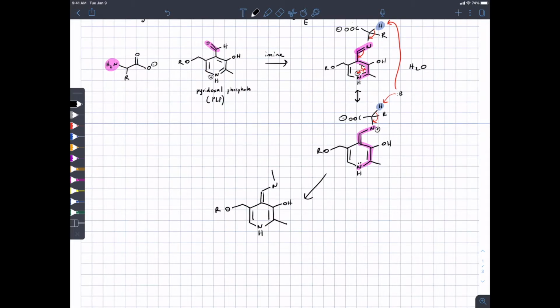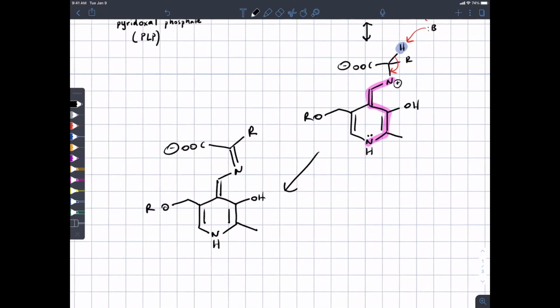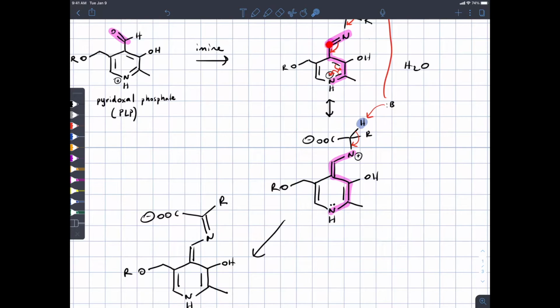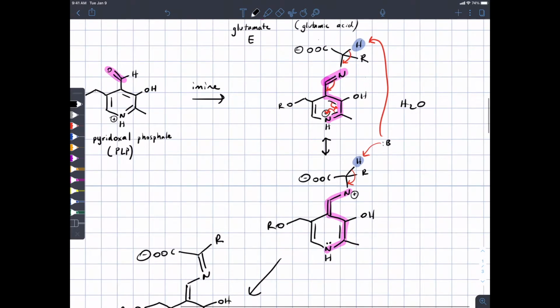Take a look at the molecule that we've made. And notice the change. It used to be we had the imine between, I don't know, carbon 1 of pyridoxal phosphate.